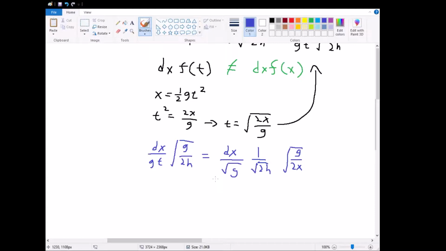Okay, so this equals dx, the g's cancel, the 2's go outside of the square root, to 1 over 2 square root of hx. And this is, in fact, in the form of something that we require.